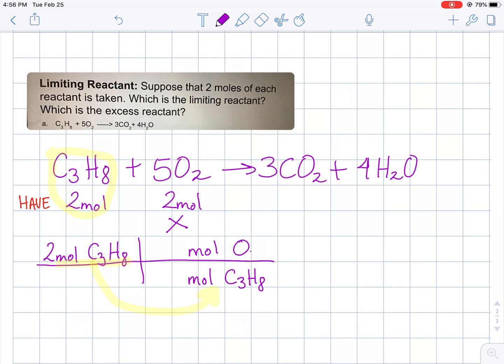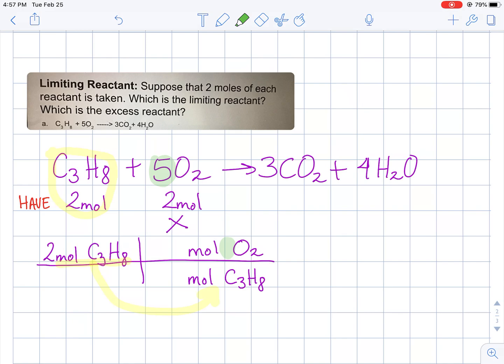Moles of oxygen. Now, a common mistake here is that sometimes people put this 5 in here. So be careful and make sure that you don't put that 5 in there. You just put the compound, but no prefixes.